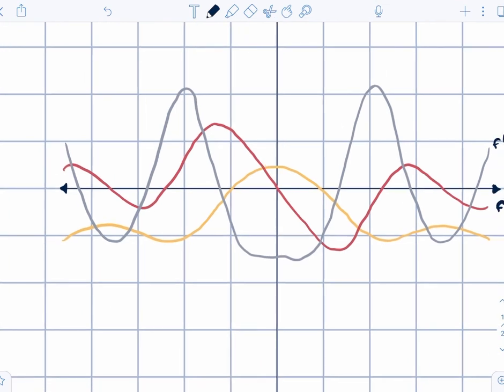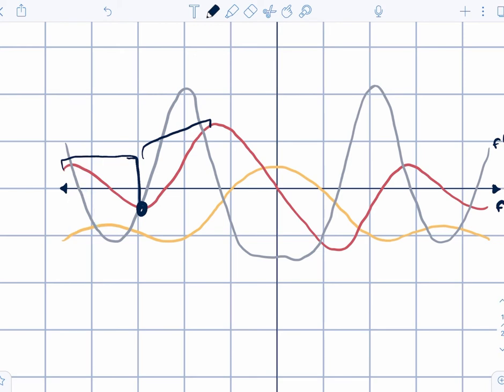So right here, we can see that the graph is decreasing. And then once it gets to this point right here, the graph starts to increase. And then for the derivative graph, it's positive right here, which doesn't make sense because it should be below the x-axis.